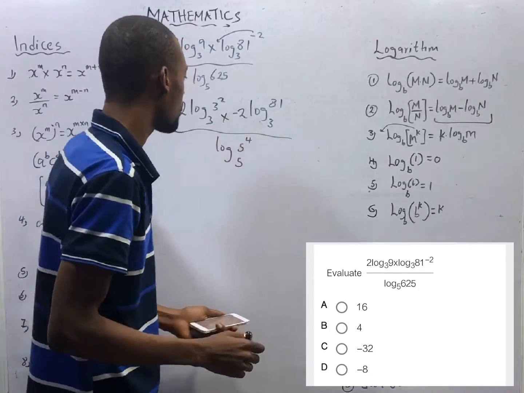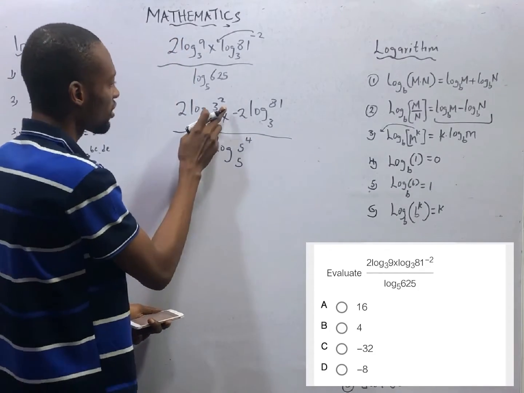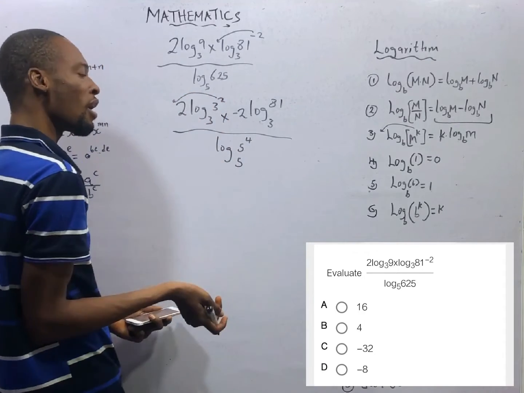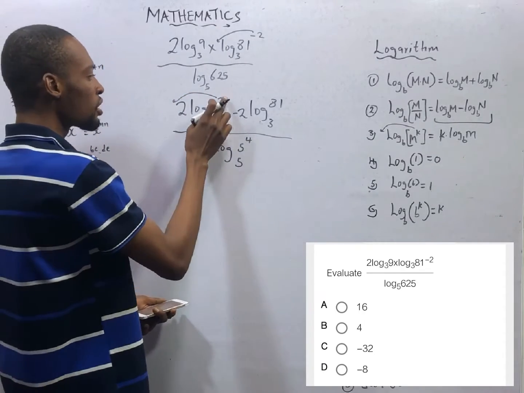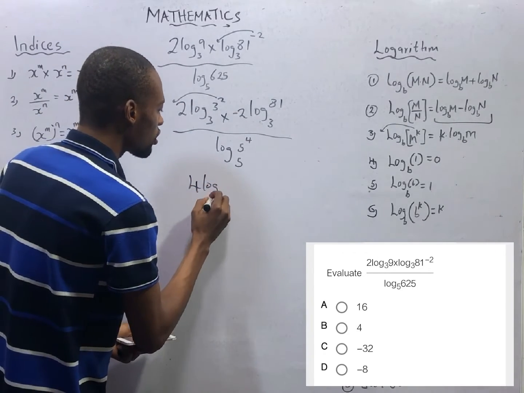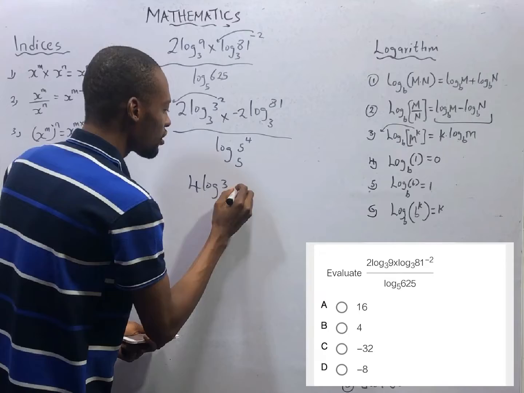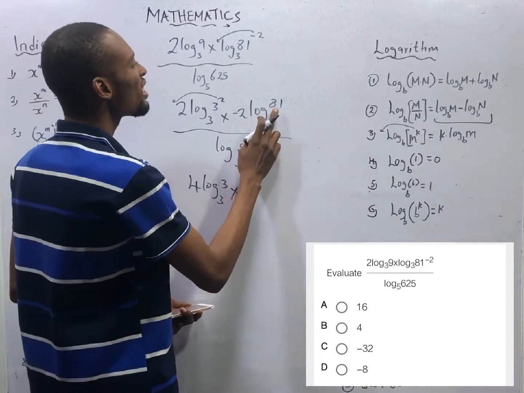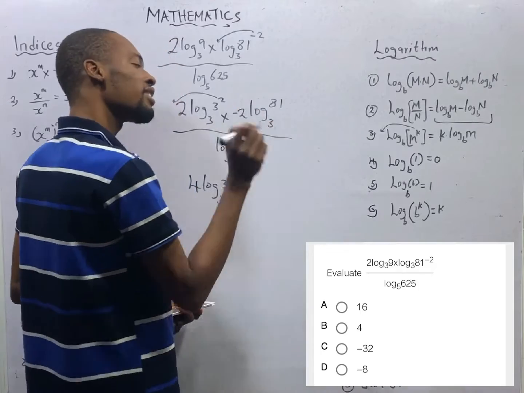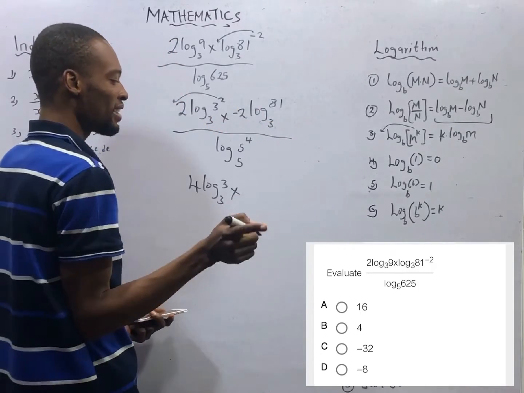So here now, there is a power here, and we also bring down the power as the log. So to give us 2 times 2, this becomes 4 log 3 with base 3. 81 is 3 raised to the power of 4. There is 3 here; just say 3 times 3 times 3, you get 81.